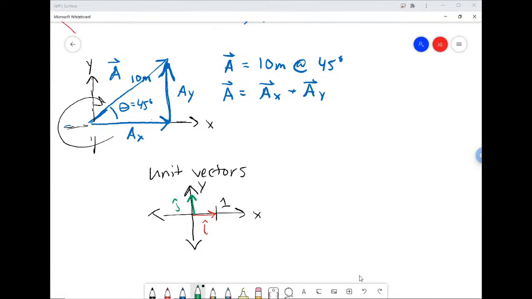The unit vectors give direction to the quantities, and the numbers Ax and Ay give the magnitudes. So how we would usually write this is A equals the magnitude of Ax, how long it is, times the unit vector i hat, plus the magnitude of the y component times j hat. And you'll see why this is convenient in a little bit.